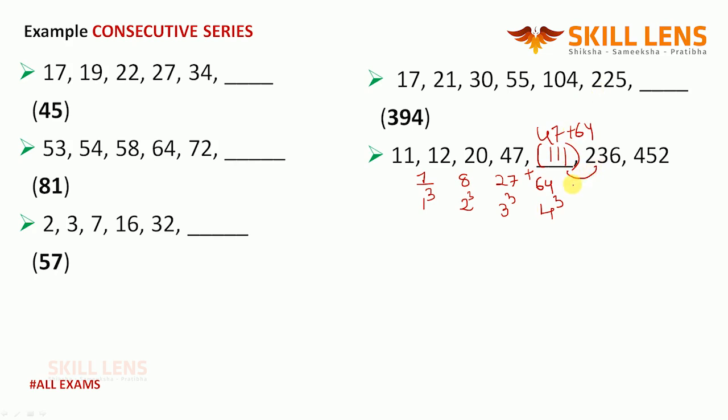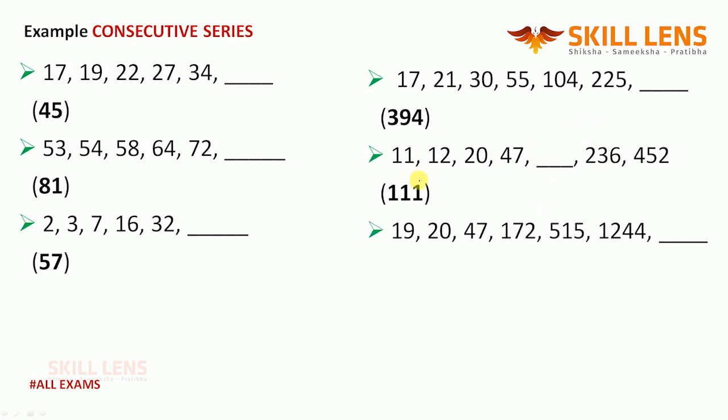You will get 125 as a difference because look here: 100, 100, 200, 20 and 10, 30 and this is going to be 6. So 111 is going to be your answer. Hope everybody understood this particular question.